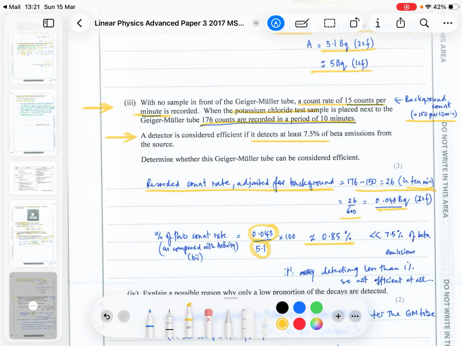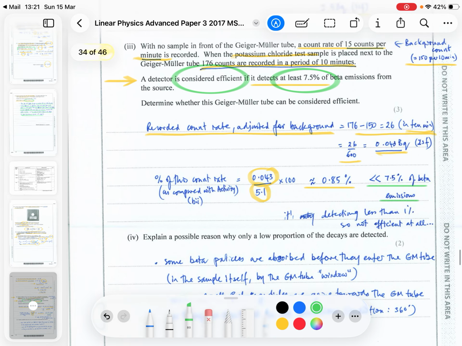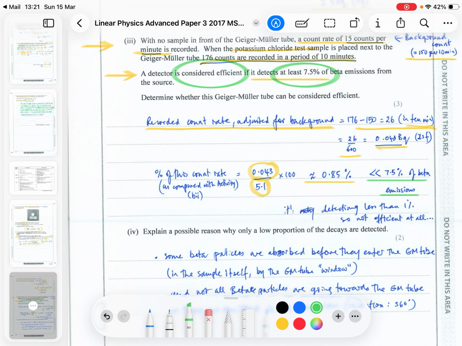That's less than 1%, so it's not efficient. It's not considered efficient because it's less than 7.5% by a lot. It's less than 7.5% of the beta emissions that we calculated in part 2 above. So it's detecting less than 1%, so not efficient at all.